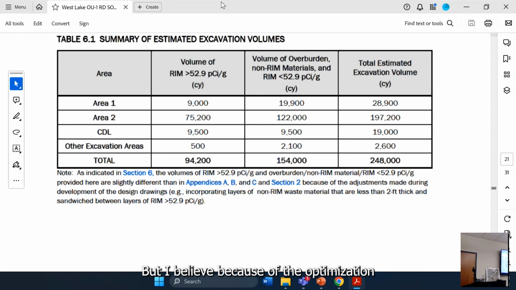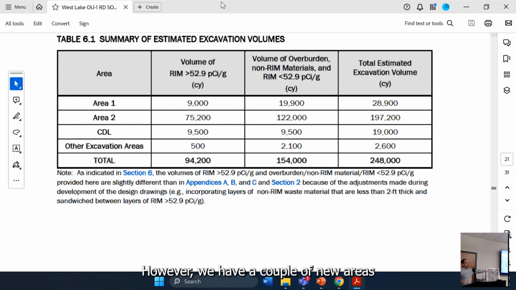But I believe because of the optimization and being able to avoid digging some of that non-RIM waste, the total volume of excavation is not up that much, if that makes sense. Yeah. Which was the whole purpose of that optimization. So the RIM volume is up. We did find some more, but that is not for total excavation.